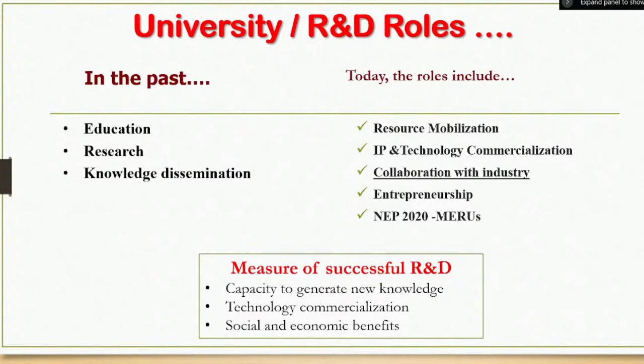So resource mobilization has become one of the key parameters in assessing institutional and university capabilities. Resource mobilization means if you want to manage a university, you need a lot of money.